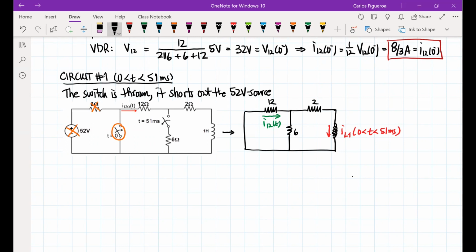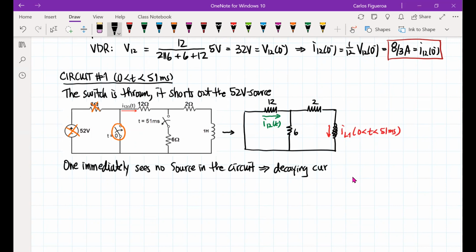So when we look at this thing, it's clear that circuit 1 immediately sees no source in the circuit. So that immediately implies that we have a decaying current. So here we go.